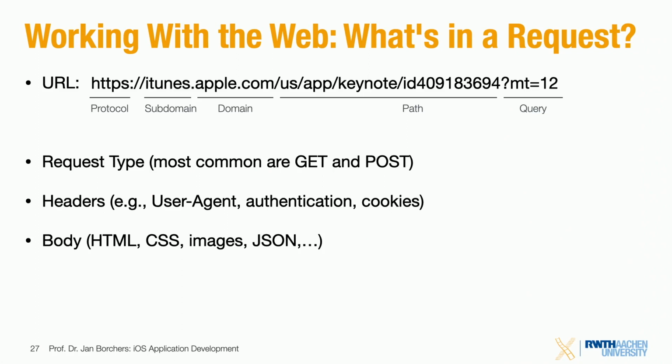Then you've got a path, which looks like a Unix path to a file. And then after the question mark, you may have query parameters. These query parameters are a lot like dictionaries in Swift. They basically have key value coding. In this case, MT is set to 12, for example.